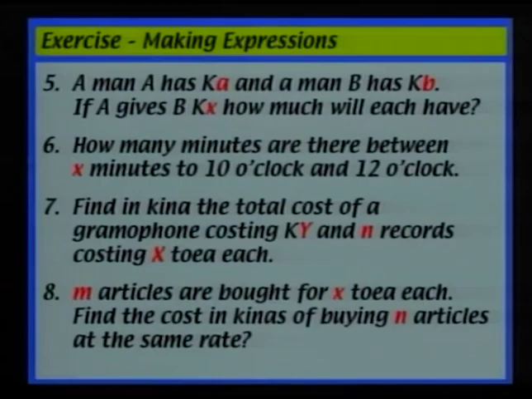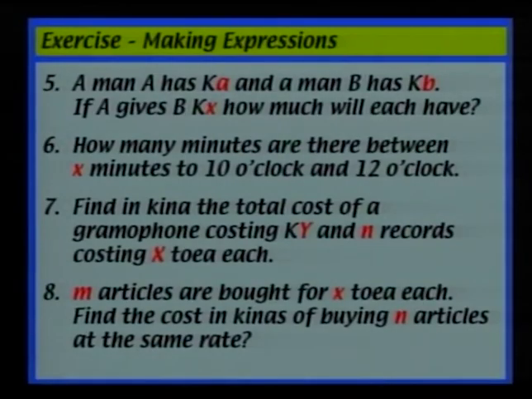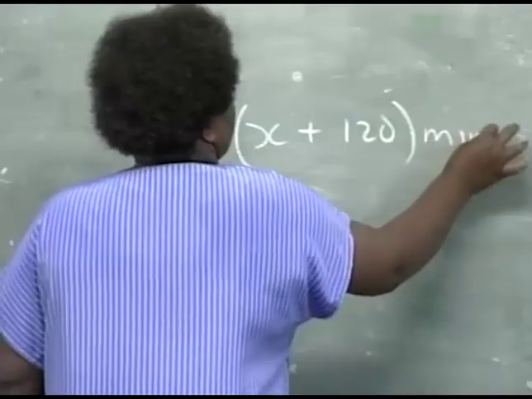Okay, number 6. How many minutes are there between X minutes to 10 o'clock and 12 o'clock? Boromeo. X plus 120 minutes. Okay, X plus 120 minutes.